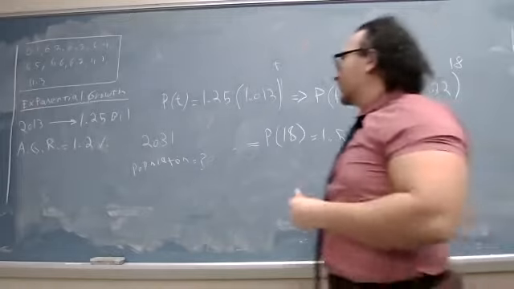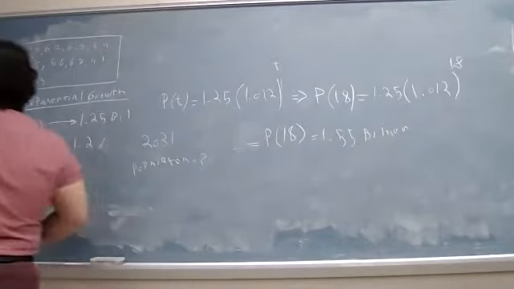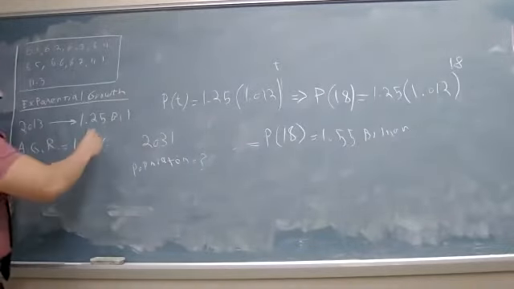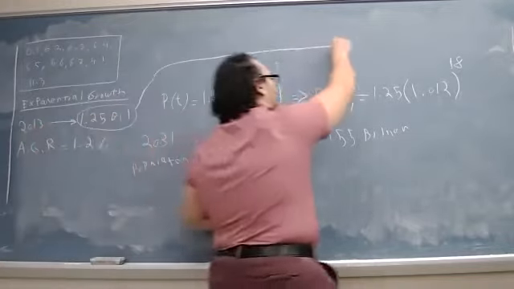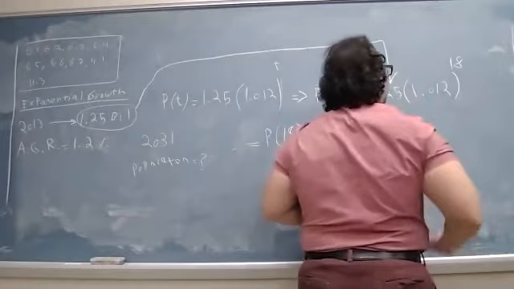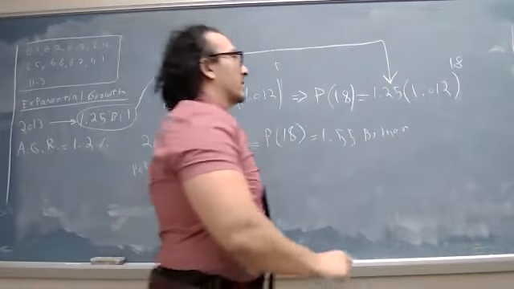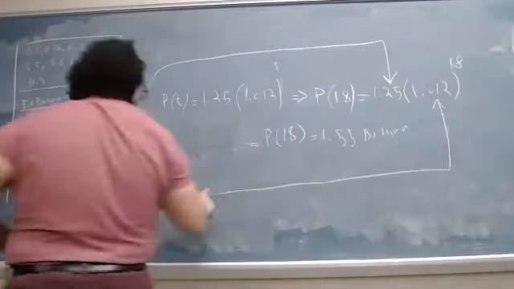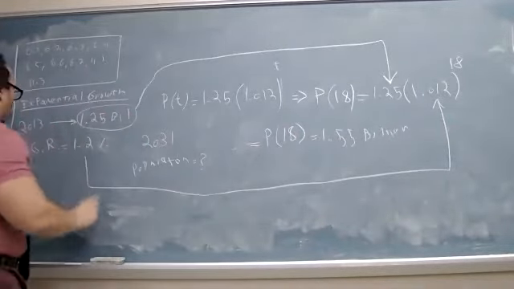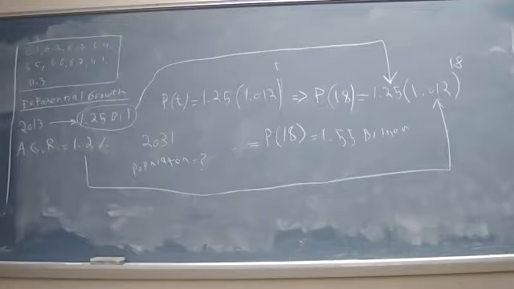So how did we set up this situation? Well, notice that the function assumes an initial condition value. That's what comes over here. Then this is actually related to the annual growth rate. How is it related to 1.2%?